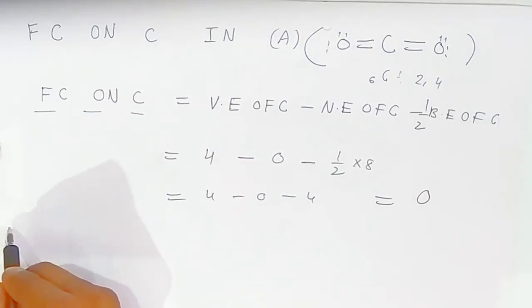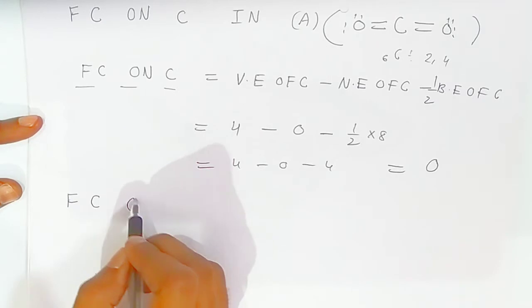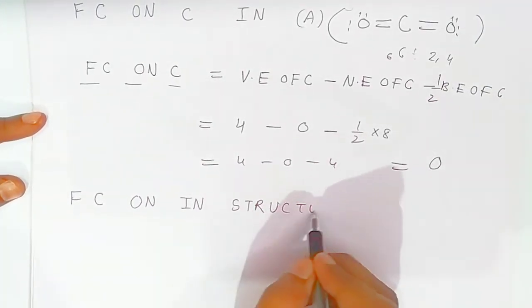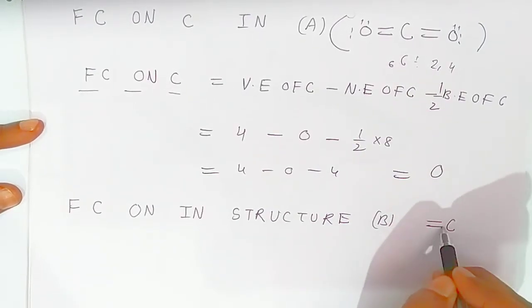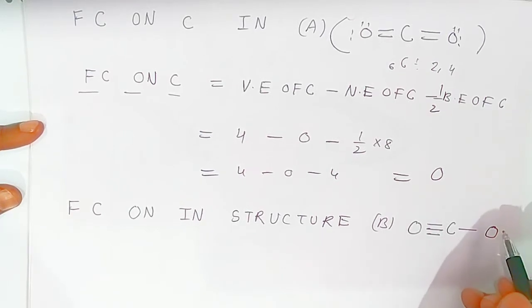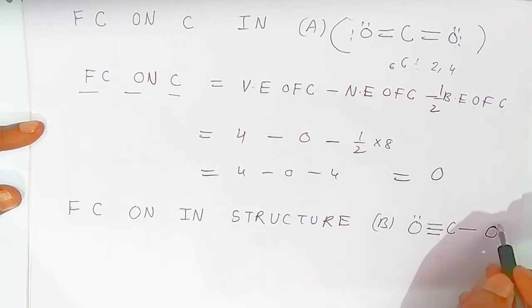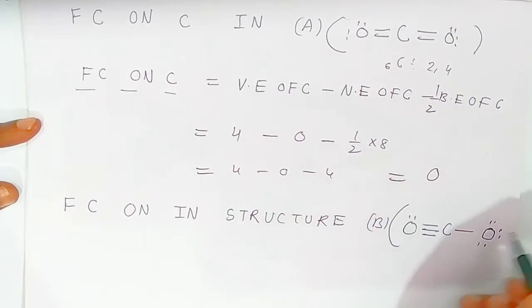Now similarly, students, you can find out the formal charge on oxygen in structure B, that is, carbon which has a triple bond with this oxygen and a single bond with this oxygen. Okay students, very simple. Now you have to put the Lewis dot structure. Here this oxygen has 6 non-bonding electrons.